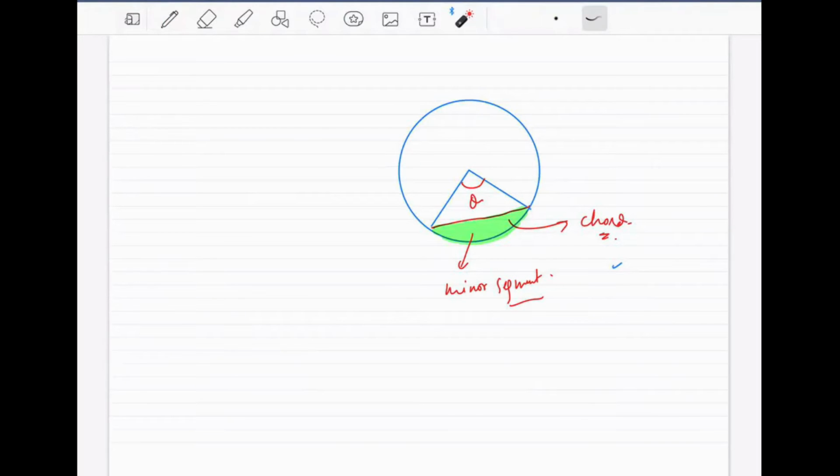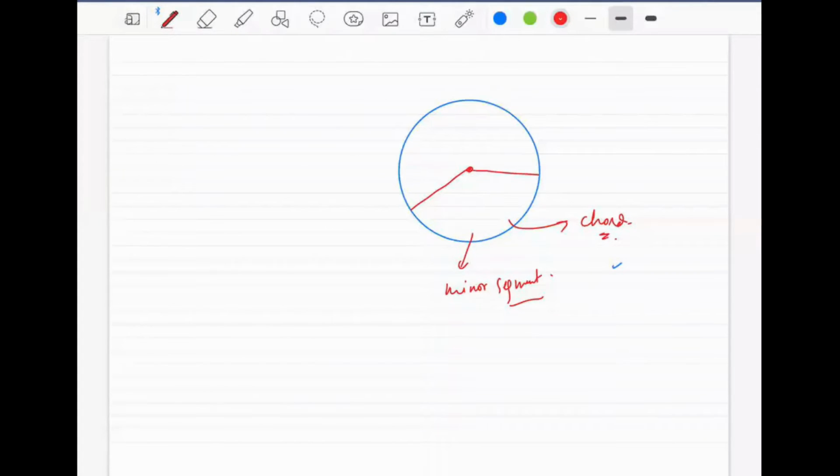When we ask that question, how to find out the area of a minor segment, let me draw it a little differently. Let's make the sector a little bit bigger. And we draw a chord right here.